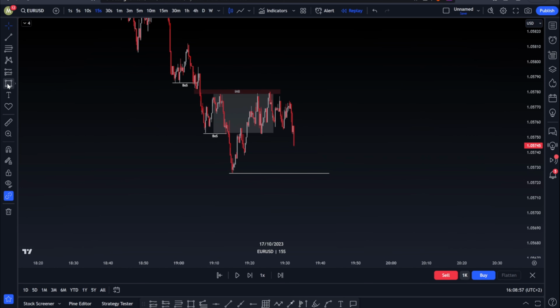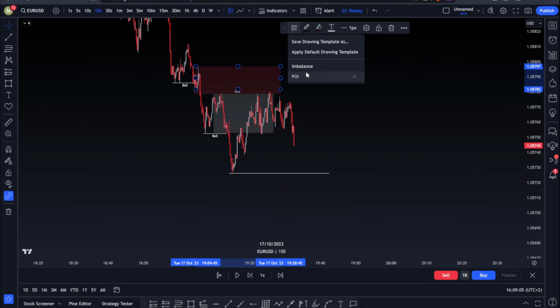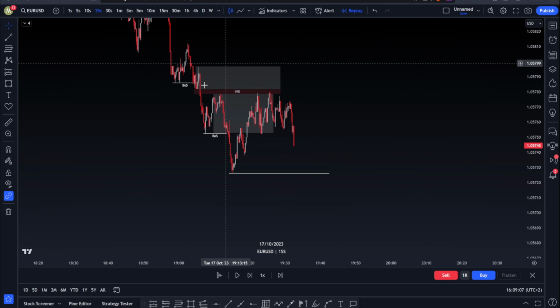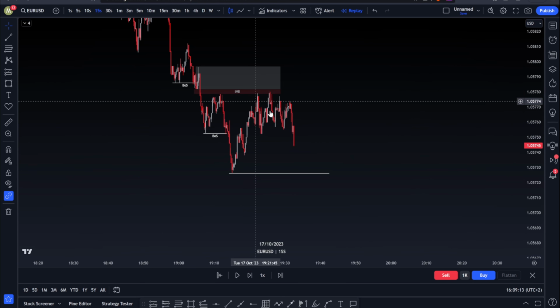Also, what do you see? We have a supply zone over here, including an FVG. So this makes our zone more valid. So let's delete this because those traders got trapped.